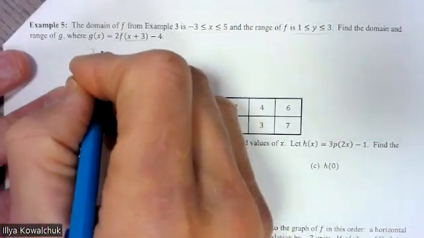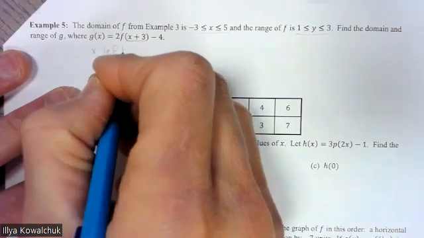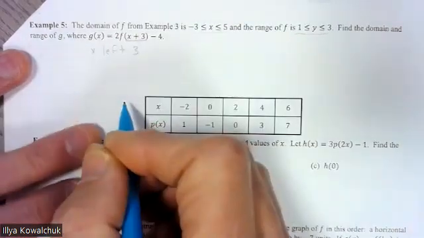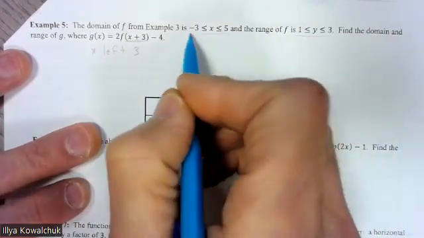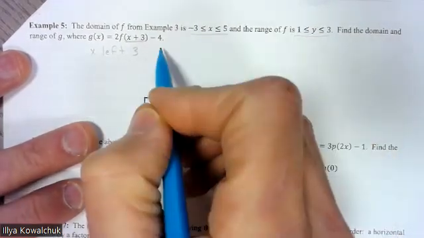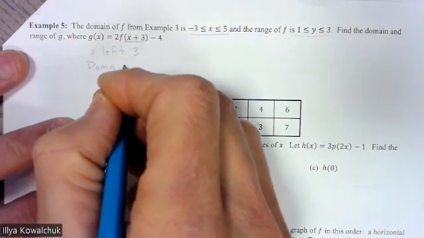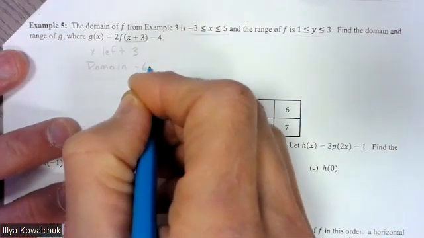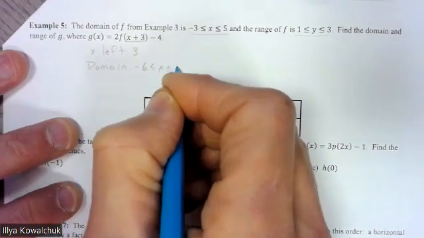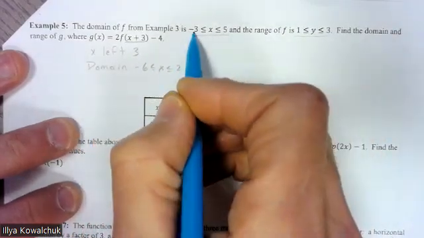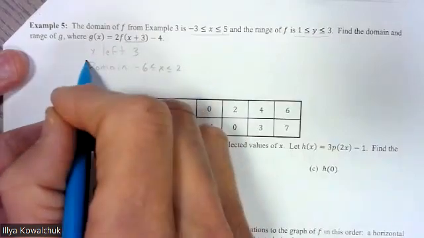So x moves to the left 3. Okay, well, that's easy enough. We take all of our x values here and we just shift them to the left 3. So our new domain is just going to be -6 is less than or equal to x is less than or equal to 2. I just subtracted 3 and subtracted 3. That's all there is to it.